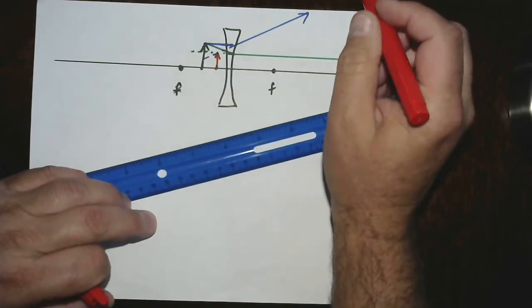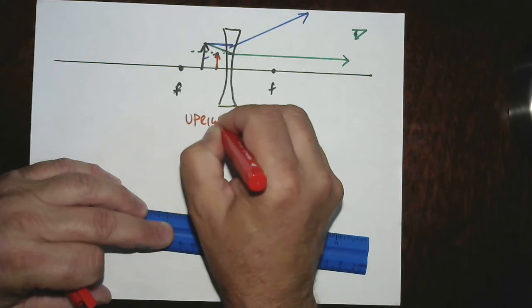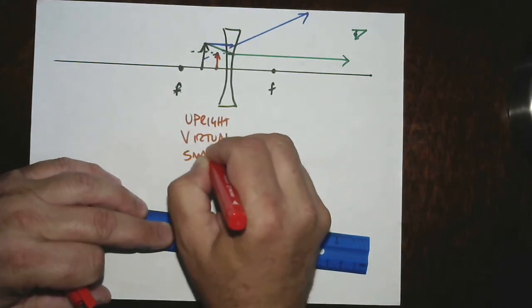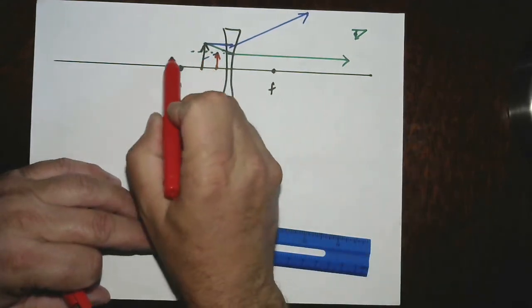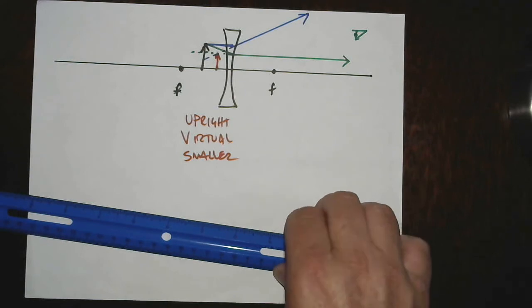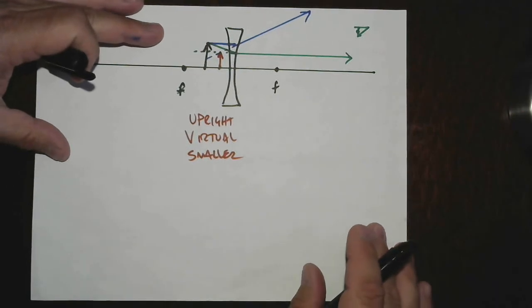The base of the arrow is on the optical axis, and we are looking at an upright, virtual, and smaller image. And no matter where you put this arrow, this exact same thing is going to happen. You're going to see something being smaller behind the lens.